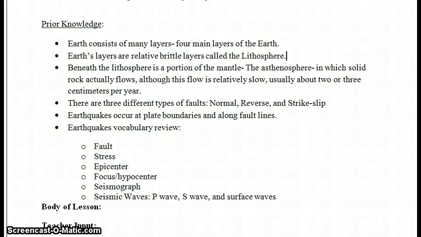There are also 3 different types of fault: normal, reverse, and strike slip. Students will be responsible for knowing which type of fault occurred. Earthquakes occur at plate boundaries and along fault lines.